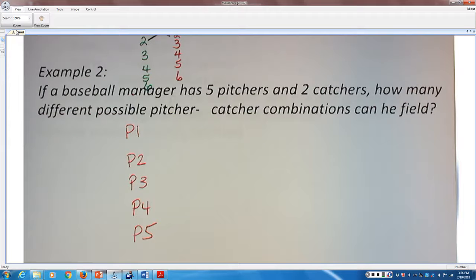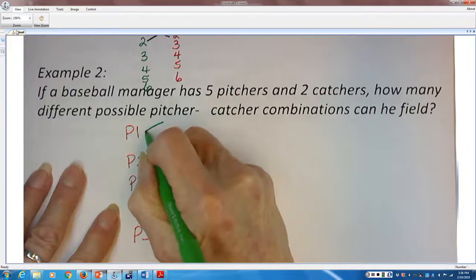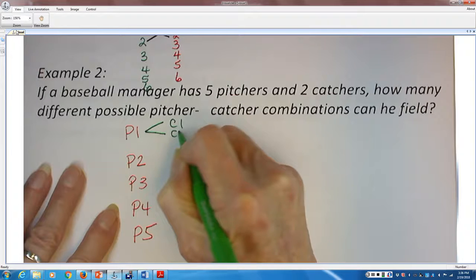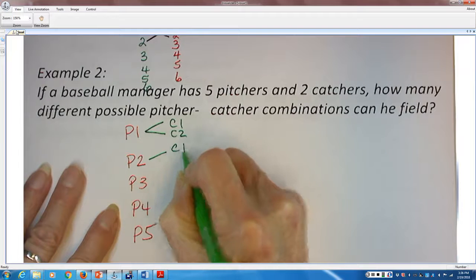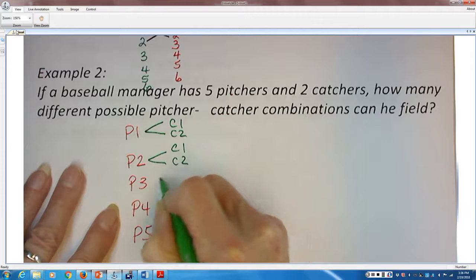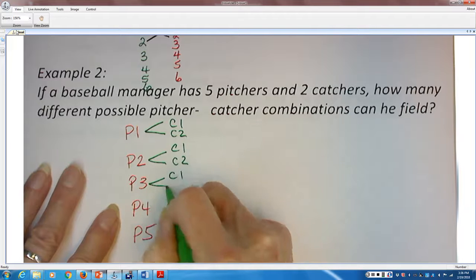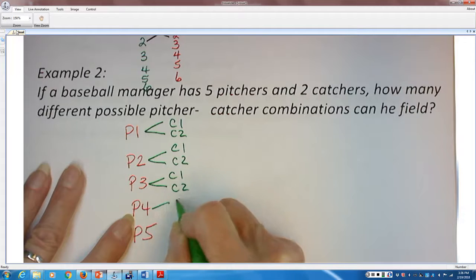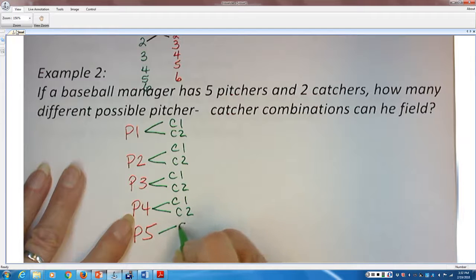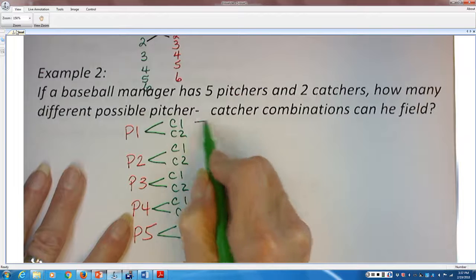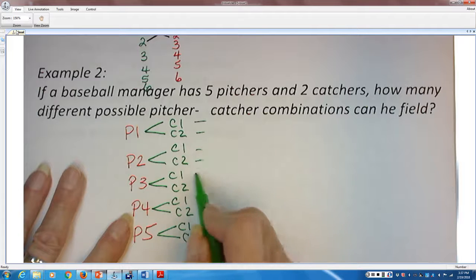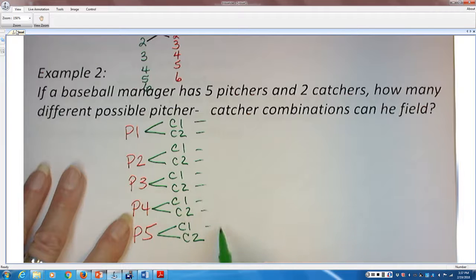But for every one of those pitchers, there's two different possible catchers. So that's a total of 1, 2, 3, 4, 5, 6, 7, 8, 9, 10.